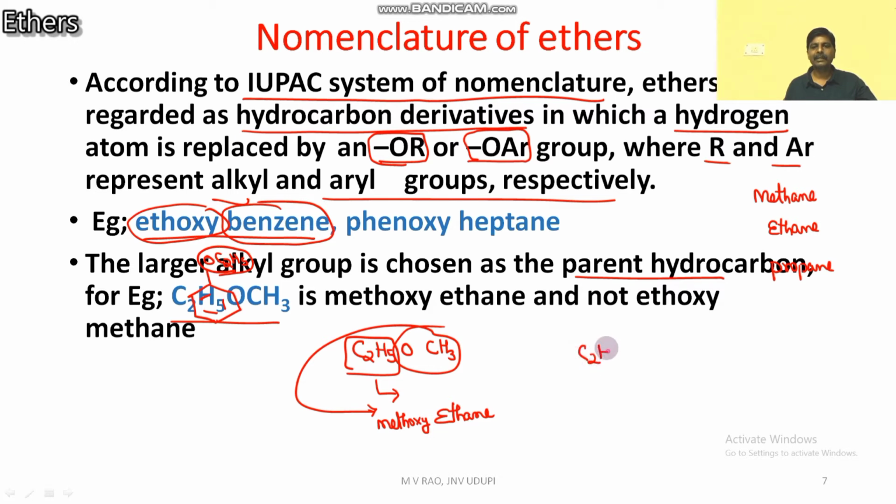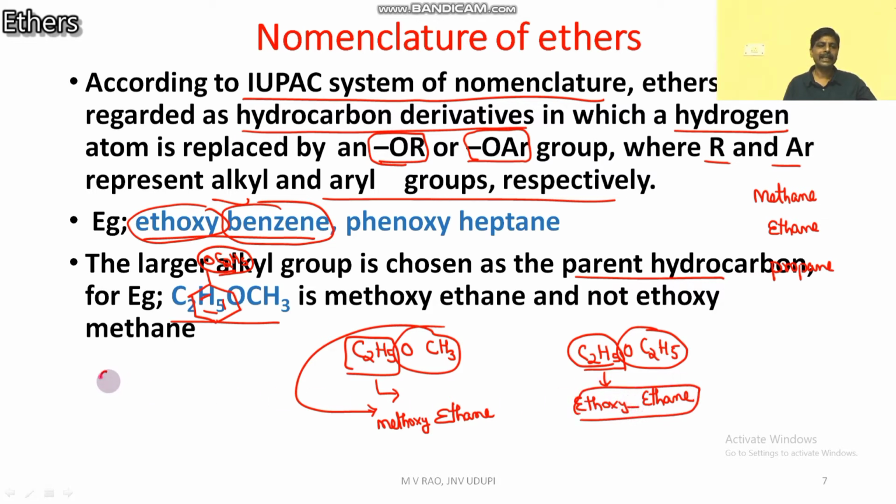Another one, C2H5OC2H5. Both are same. So you can take any one as parent carbon, that means ethane. So the remaining one is called ethoxyethane. Continuous, no break. Ethoxyethane.